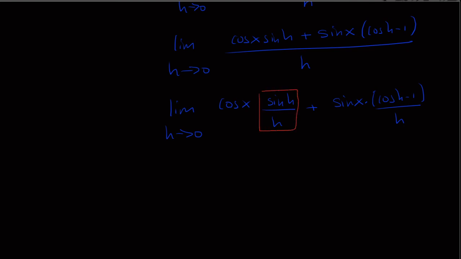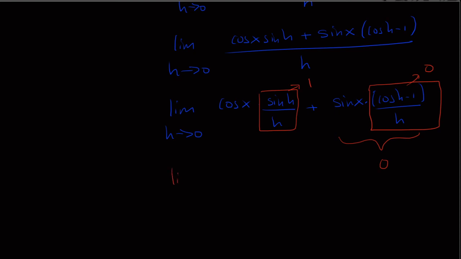Sine h over h is 1. Cosine h minus 1 over h is 0. So these are the common trig limits that we should know. And sine x times 0 is 0, so this whole thing is going to be 0.